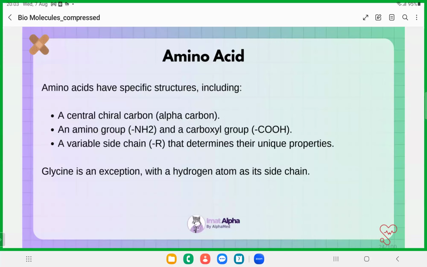So guys, the structure of amino acids, like how each amino acid is, let's say valine, glycine, glutamic acid, you should not know their structures. So many people think that they must memorize the structures, but not even one time were they asked about the structures.